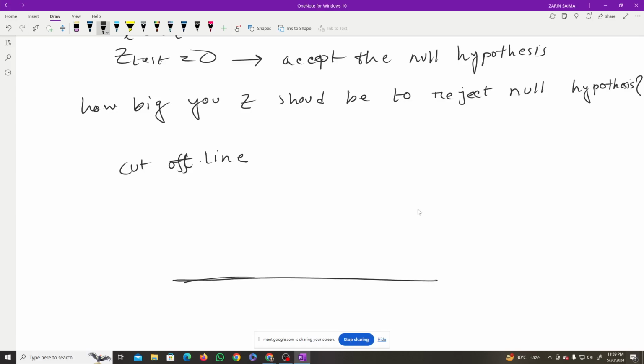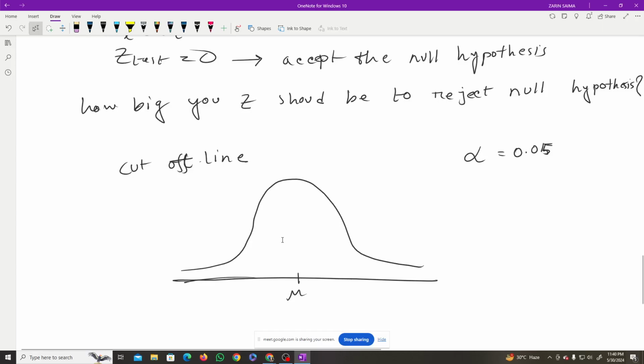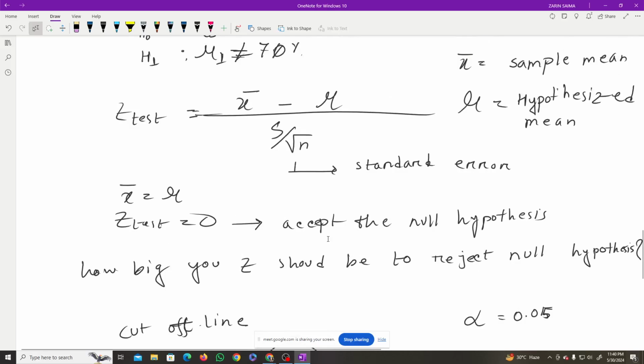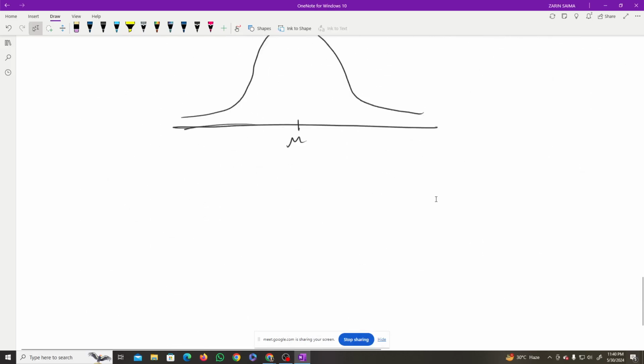Suppose this is your distribution and this is your mean, and your significance value is 0.05, and this is a two-tailed test. I will come to when it will be a two-tailed test and when it will be a one-tailed test.